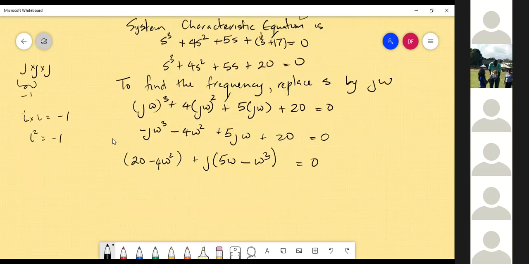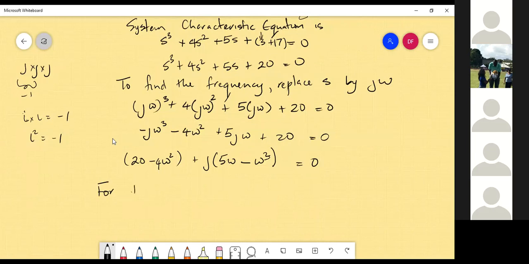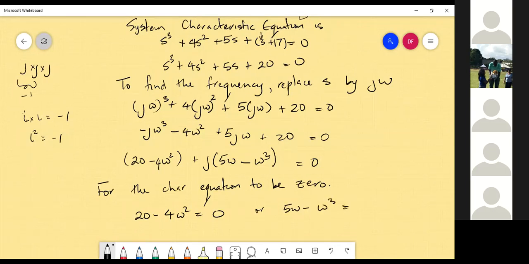So for the system to be 0, then 20 minus 4 omega squared is equal to 0, or 5 omega minus omega cubed equals 0. You can see if you do the maths right, the two will work out to the same thing.